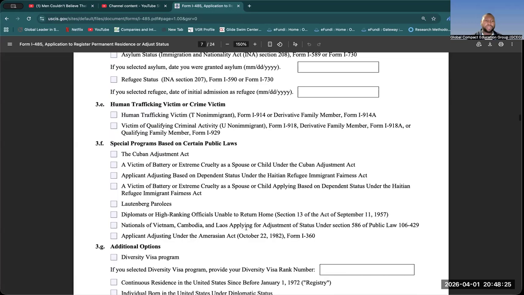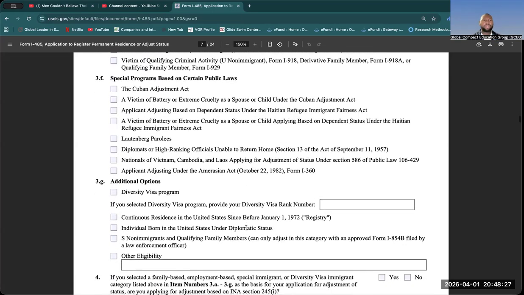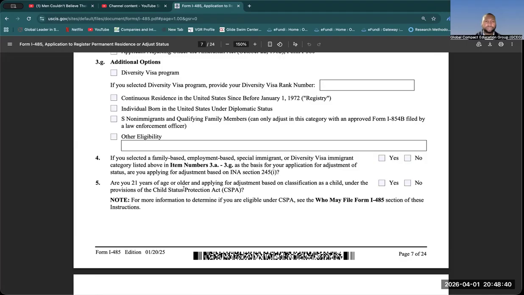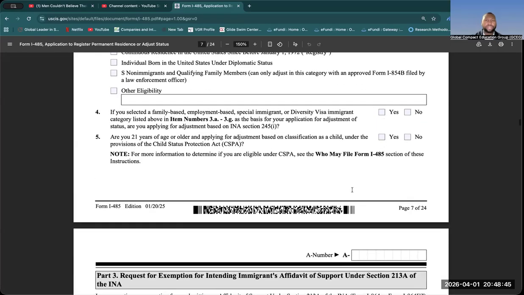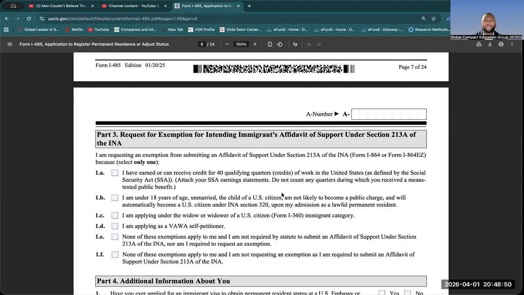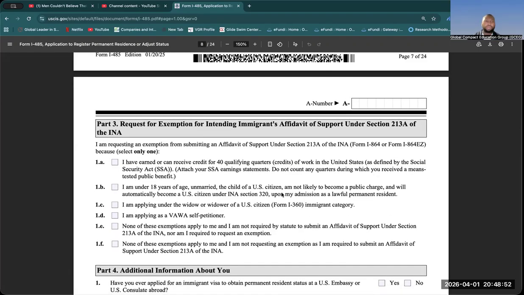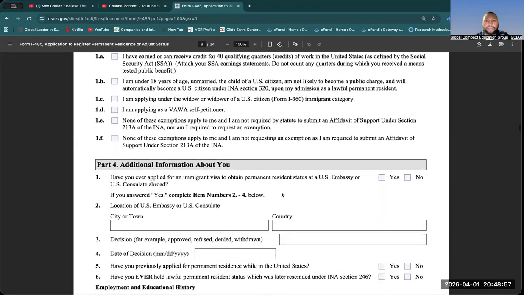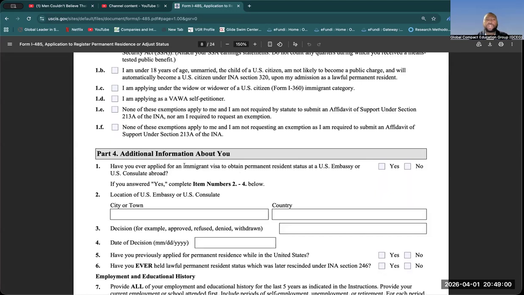Then you don't complete all this part. You don't complete all that information. You don't complete this part as well, as it has nothing to do with you. Additional information about you.